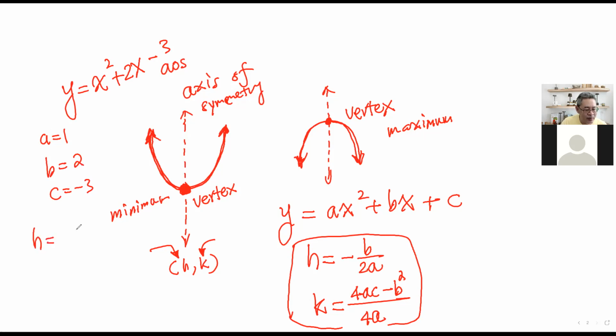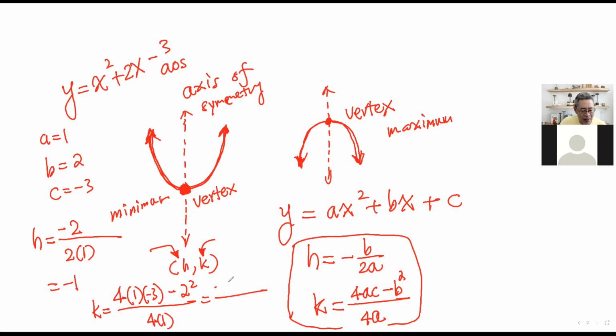So H will be minus B, which is 2, over 2A, which is 2 times 1, will be -1. And our K is 4AC, 4 times 1 times -3, minus B squared, which is 2 squared, over 4A, which is 1. That gives us minus 12 minus 4 over 4. And then we got -16 over 4. We'll get -4.